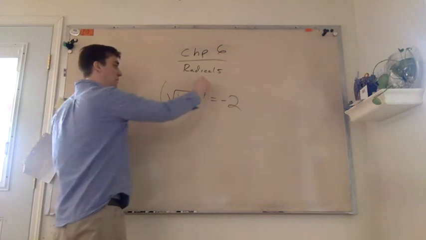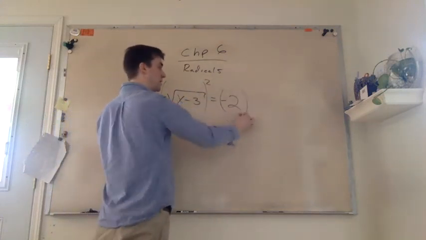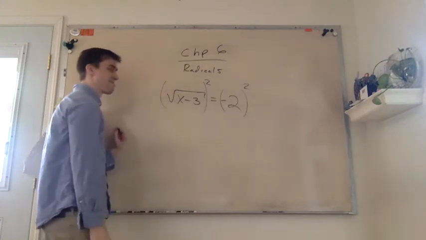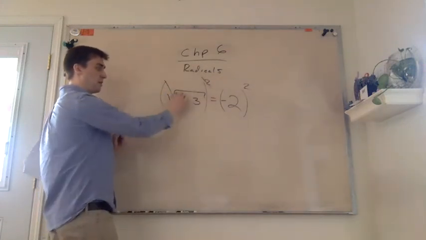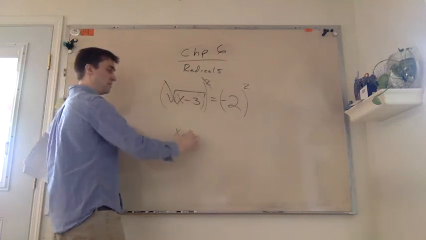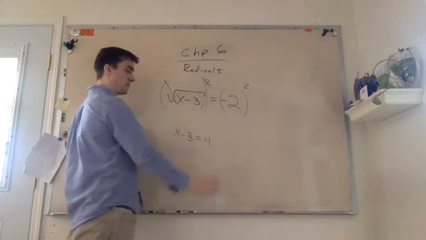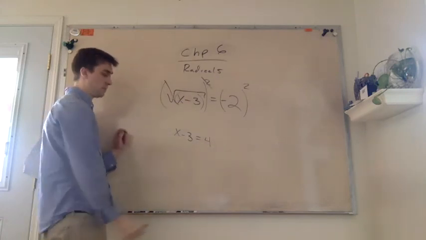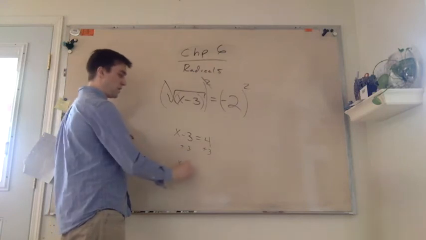So I can just get rid of that by squaring. If you do that on one side, you have to do it on the other side. The square root squared goes away. All you're left with is x minus 3. Over here, negative 2 times negative 2 is positive 4. Awesome. Linear equation, isolate the variable. X equals 7.